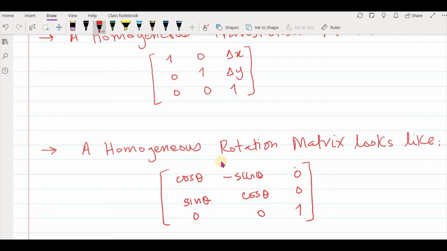So now this becomes a homogeneous rotation matrix, and of course this is in 2D. So this is a 2D homogeneous rotation matrix. But if you remember, this is actually the rotation matrix we were using. To make it homogeneous, just add 1 row and 1 column, and this entry should be 1. So that's how you make the matrices homogeneous.